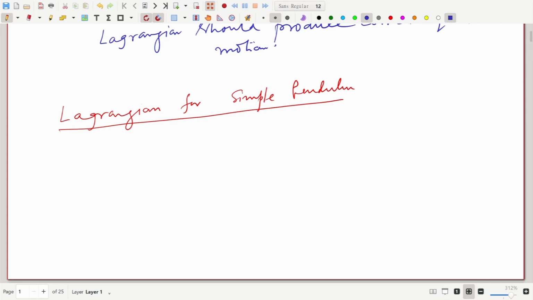So, what is a simple pendulum? A simple pendulum is some mass point, which we call the bob, attached with an inextensible string of length L, and it has a motion in this vertical plane. So, it oscillates in this vertical plane. We have to find the Lagrangian for this system, and this is the point of support.